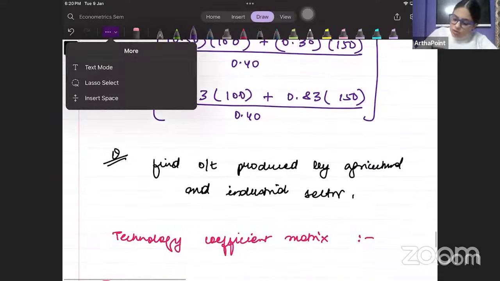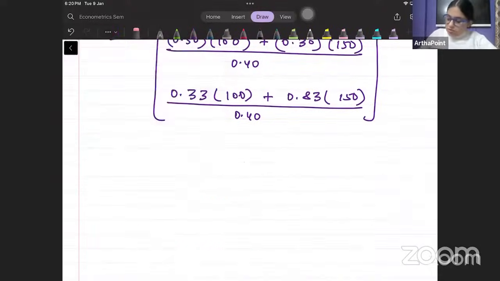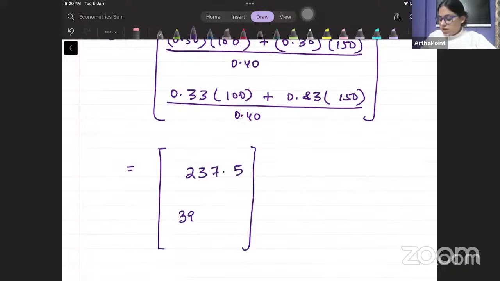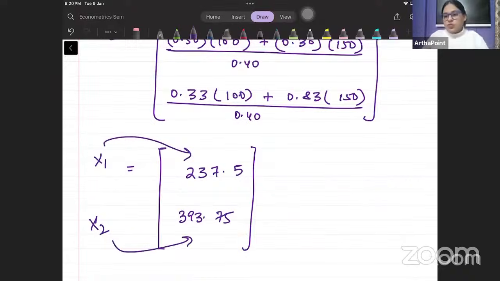When you solve this, you will get the answer as 237.5. Please check the answers. And 393.75. This is the final output: the output of industry 1 and the output of industry 2.